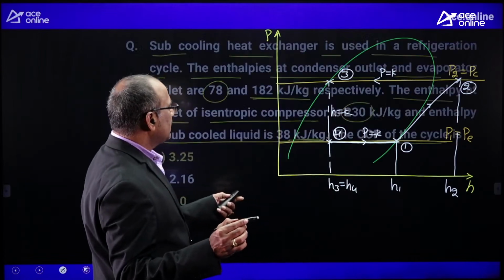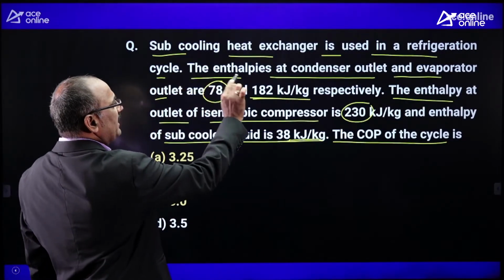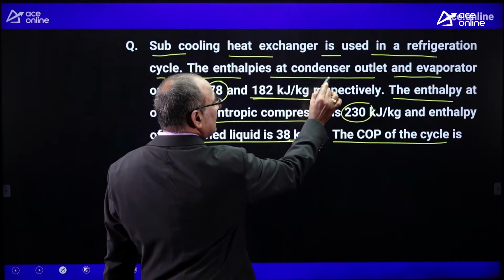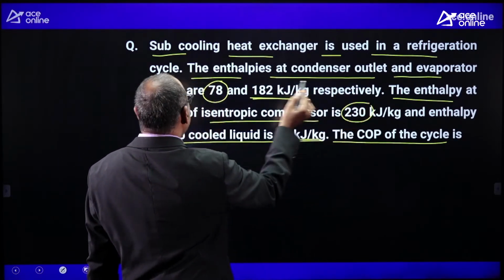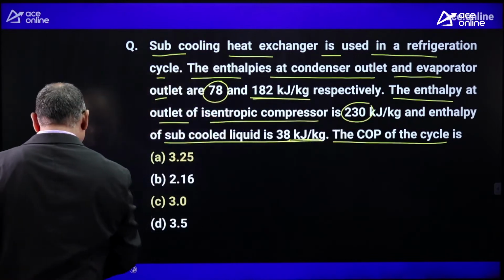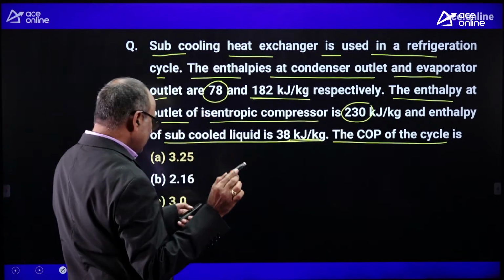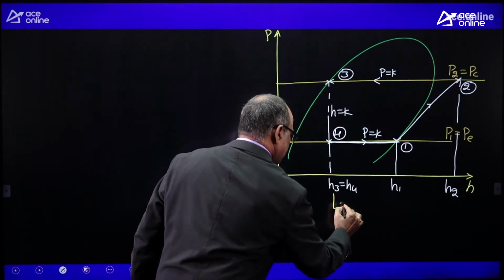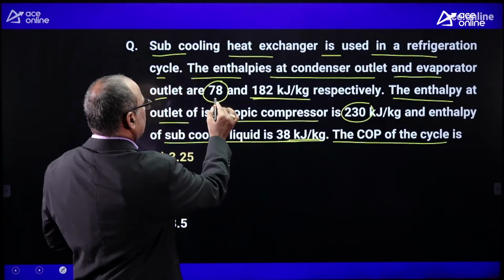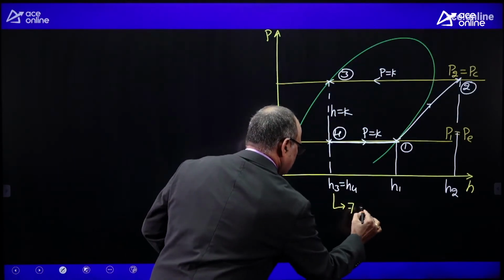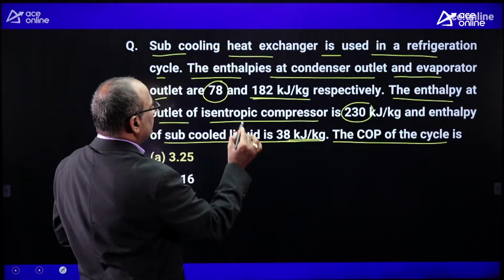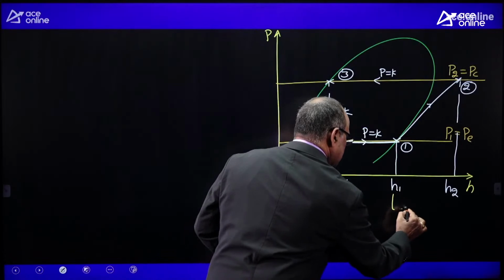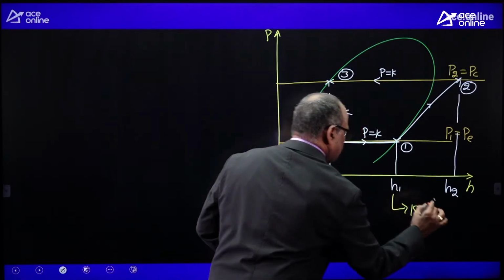Let us see the enthalpy limits. A subcooling heat exchanger is used in a refrigeration cycle. The enthalpies are given at the condenser outlet and evaporator outlet. This is the condenser outlet, H3 equals 78 kilojoules per kg, and the evaporator outlet is 182 kilojoules per kg.